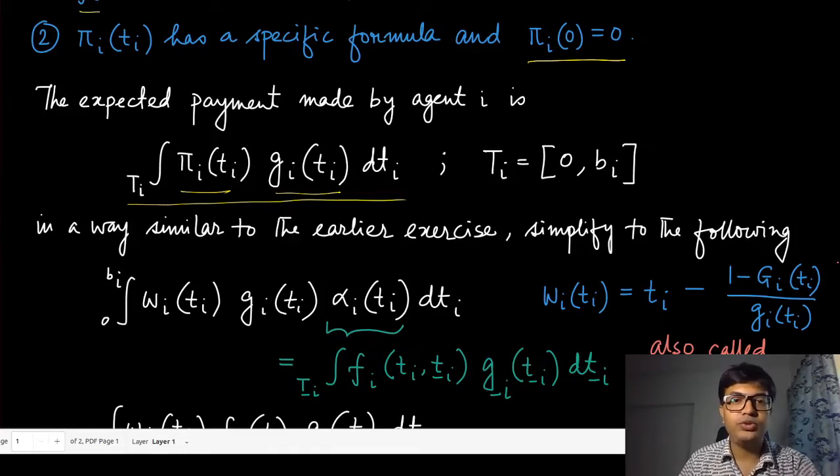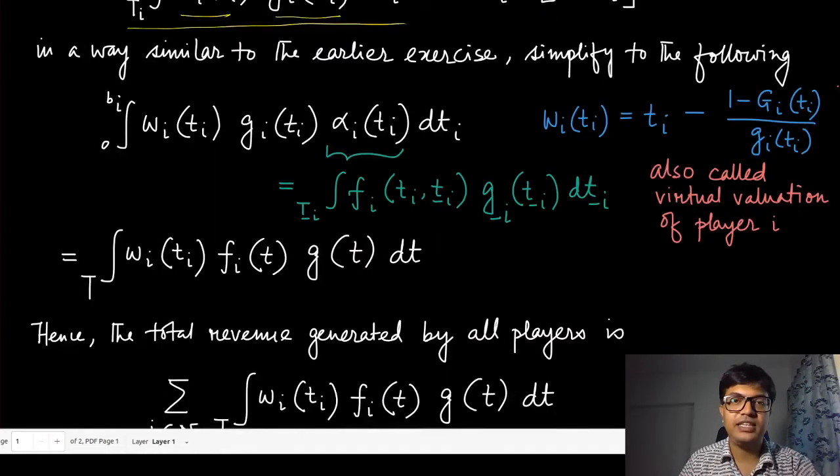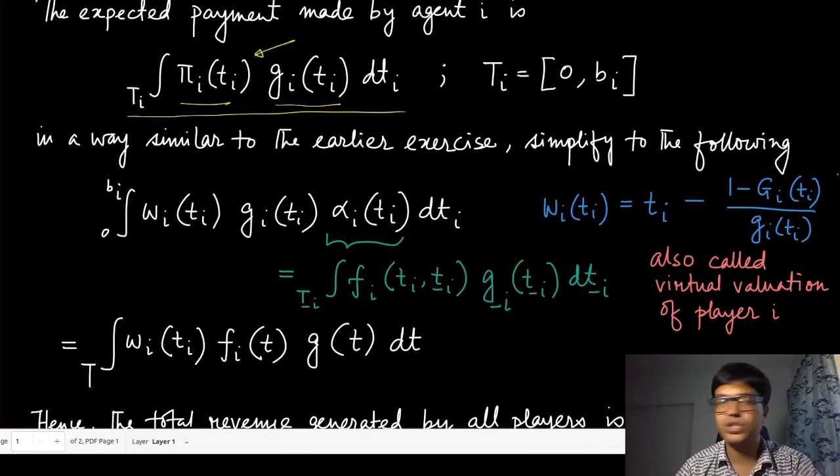We are going to do a very similar exercise like the one agent case, and to simplify the expression, we are going to substitute this pi I ti with the integral formula. The steps of this transformation, the order interchange of the integrals, are exactly the same.